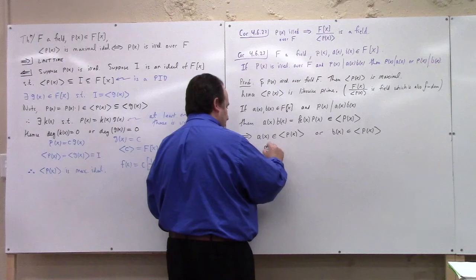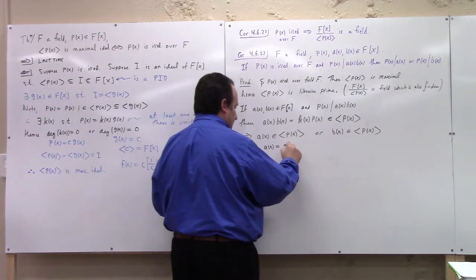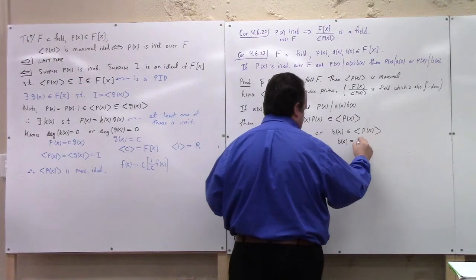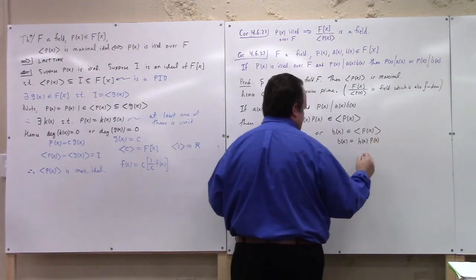This means a of x is equal to g of x times p of x, and this means b of x is equal to h of x times p of x, whatever. And what does that say?